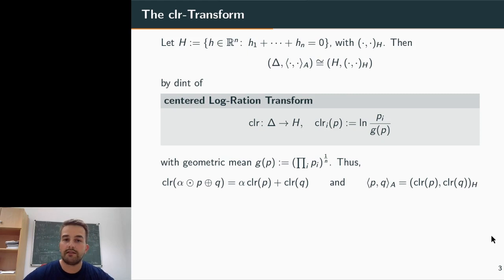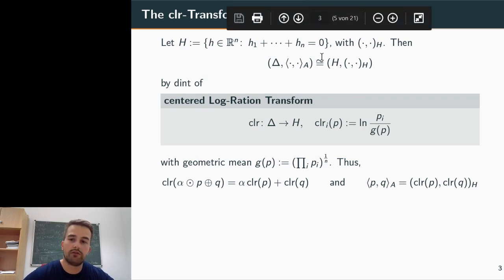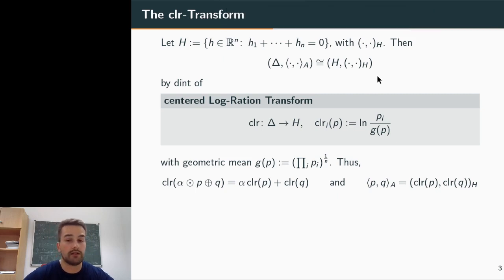And the most classical or famous one doing so is the CLR transform, which provides an isomorphism between the Aitchison simplex on one hand and the space H, which are just elements in R^n whose components sum up to 0, equipped with the inner product inherited from R^n.